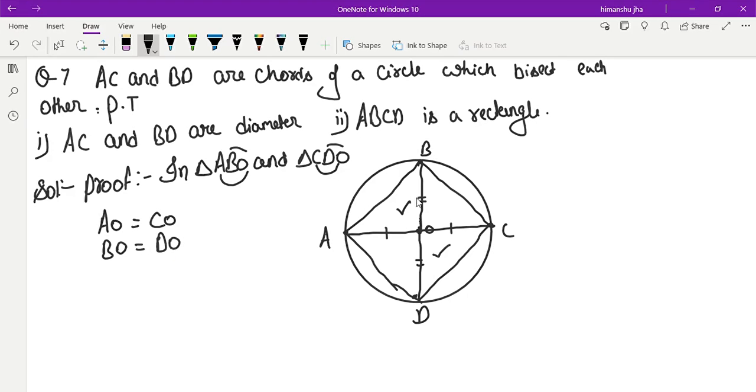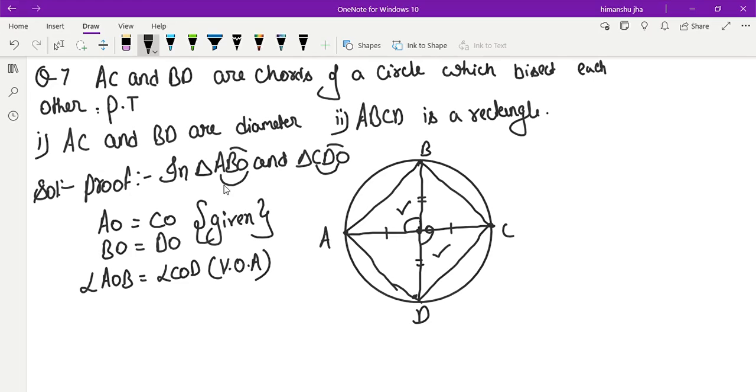Now, since these two lines intersect each other, angle AOB is equal to angle COD, vertically opposite angles. And this is given in the question itself.